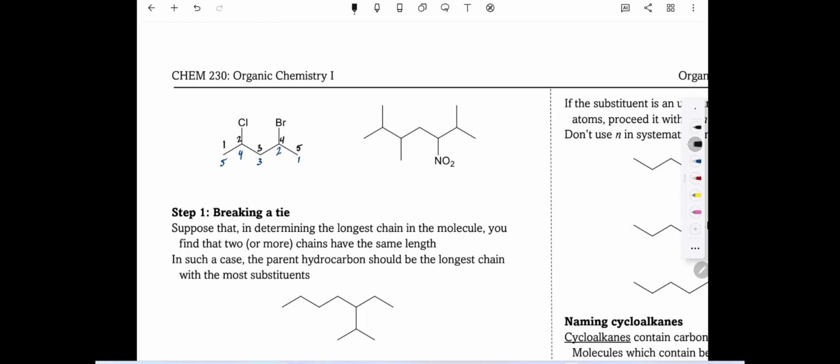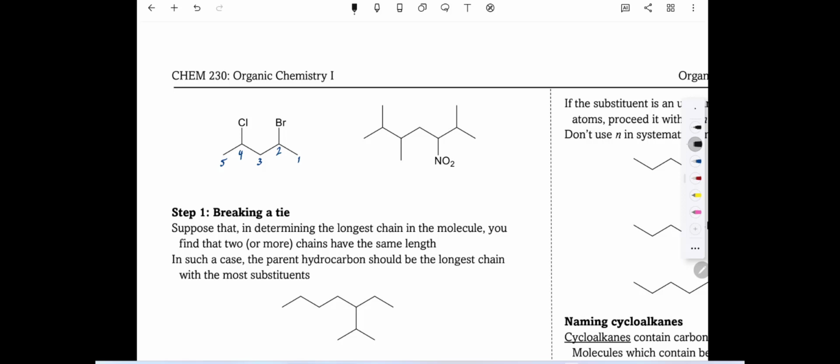So we resort to alphabetizing the substituents. So bromine alphabetically comes before chlorine, and so I'm going to number so that bromine gets the lower possible number in this instance. So that is the correct numbering.